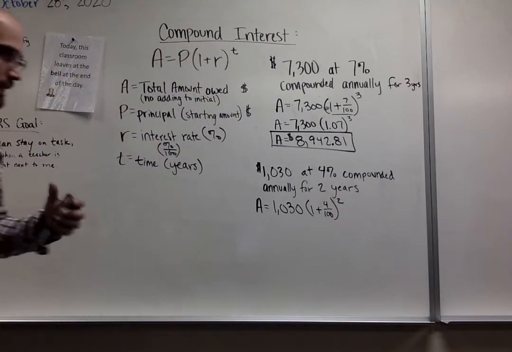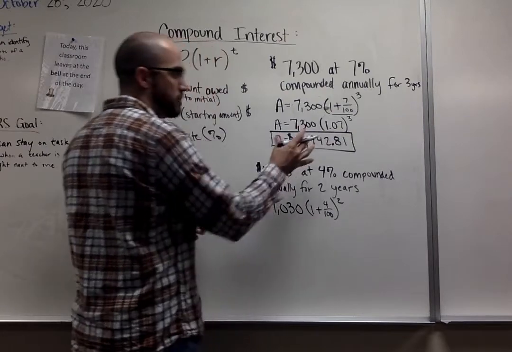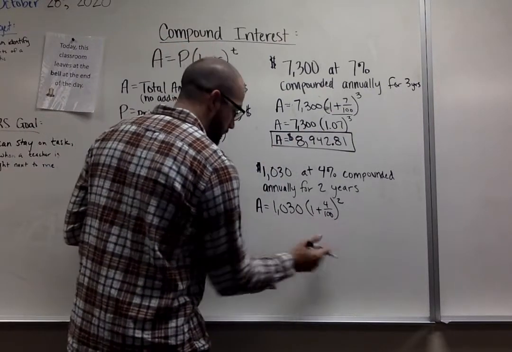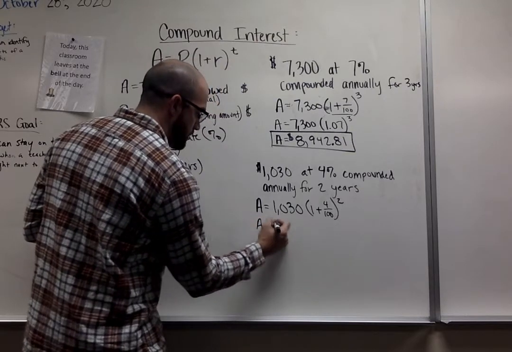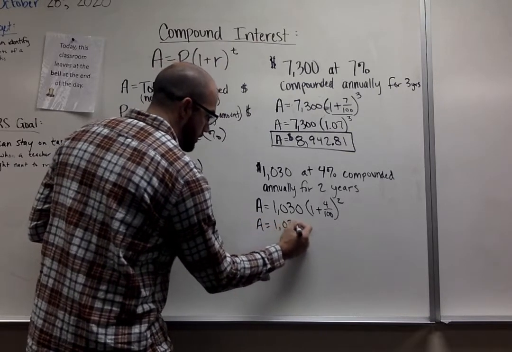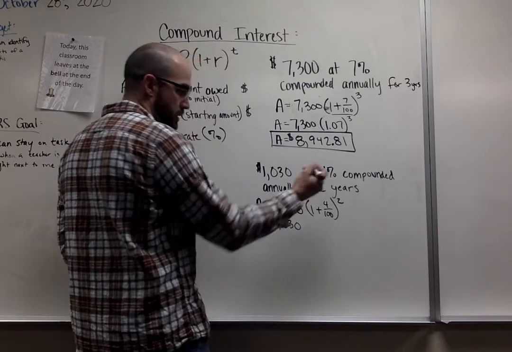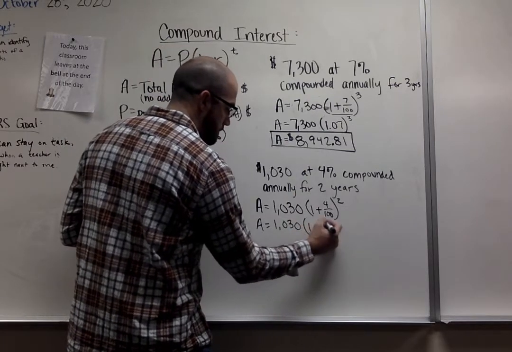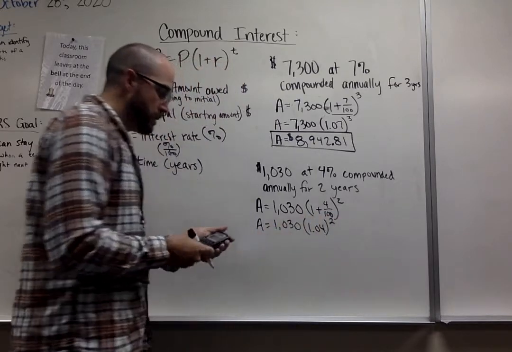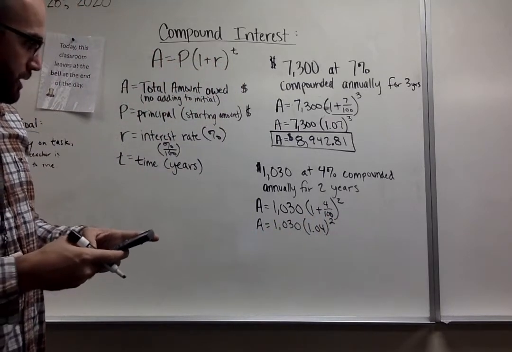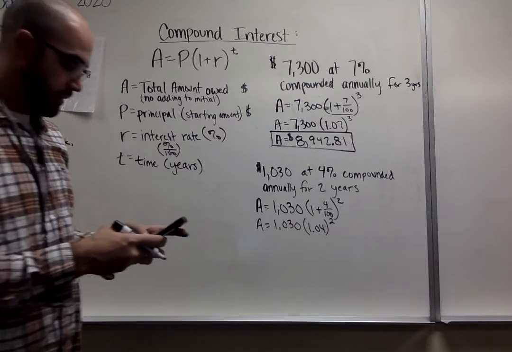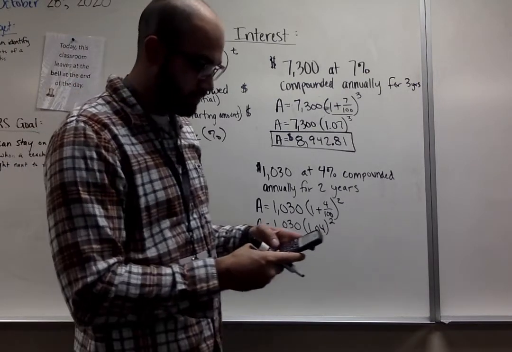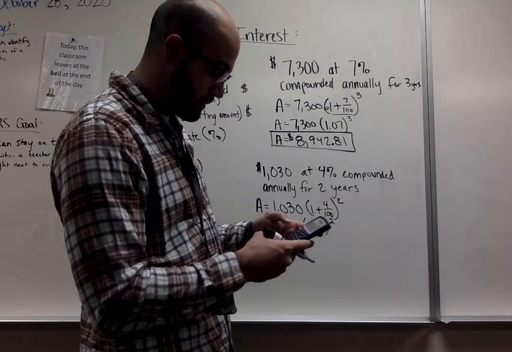Okay. Again, I'm going to show you the in-between steps. Some of you may do this, some of you may not. That's okay. But I just want to show you what's happening as we go through these problems. So I get A equals 1,030 times 1 plus the 4 over 100, which gets you 1.04 to the second power. So then we're going to type that in our calculator. Type it in exactly how it looks. We've got parentheses, 1.04, parentheses, raised to the second.